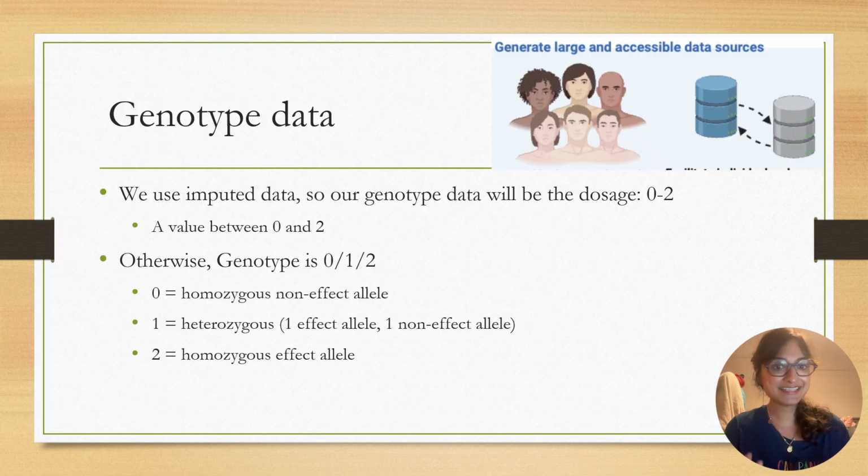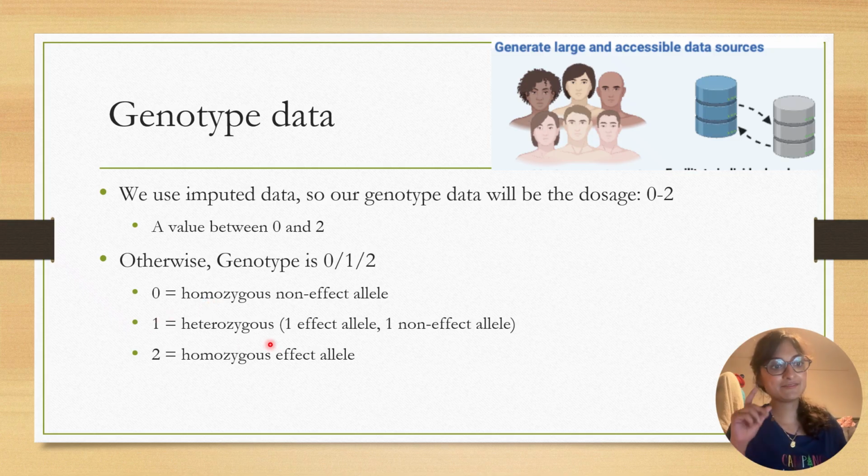So here we're using imputed data, so our genotype data will be the dosage, a value between 0 and 2. Otherwise, the genotype would typically be 0, 1, or 2, just those fixed numbers. A 0 means homozygous non-effect allele, so the individual has both copies of the non-effect allele, whether it's two A's, two G's, two T's, or two C's. They have 0 if they have the same allele from each parent, and that's the non-effect allele.